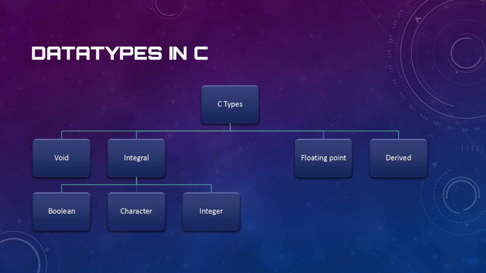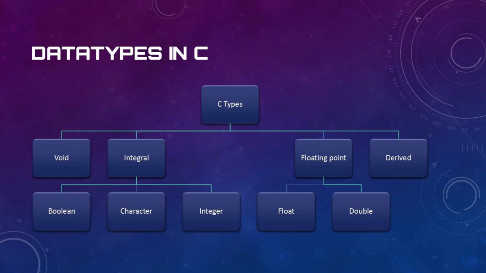And then we have integers, which are the natural numbers, negative and positive, and 0. But fractional numbers are not allowed in integer type.